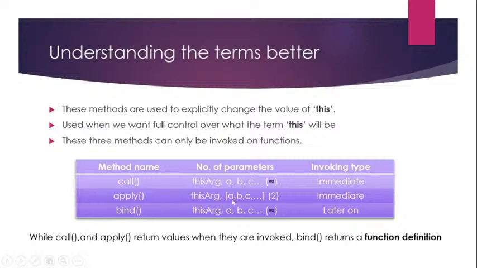But bind and call might seem a bit similar, but they're different in their own ways. Call says that it takes this argument and these parameters, and it's invoked immediately. Whenever you call it, it will invoke. But bind will not invoke immediately, it will invoke some time later, or whenever you may want to call it.